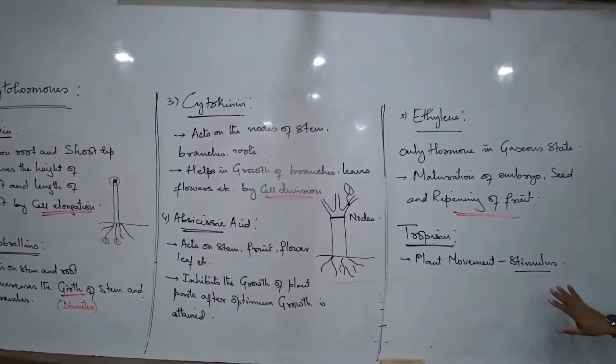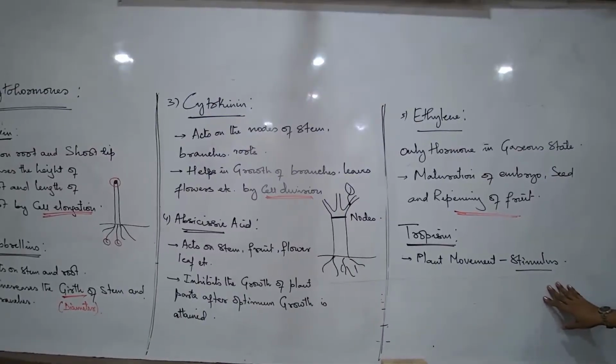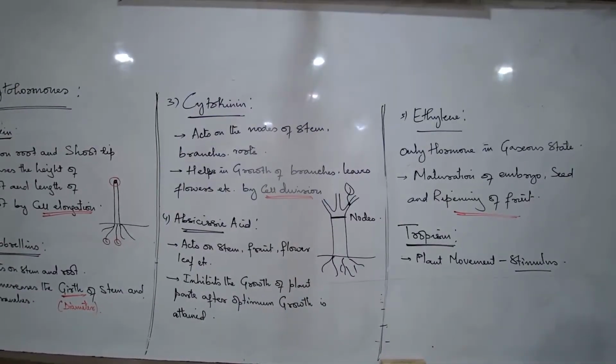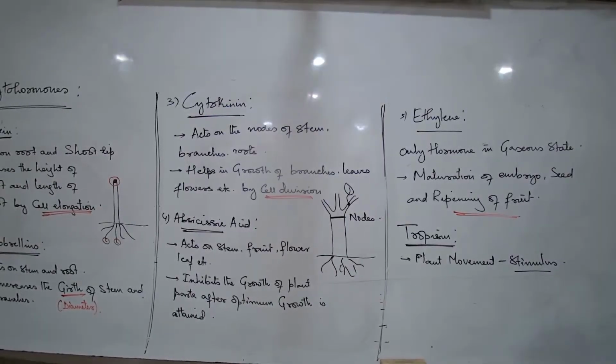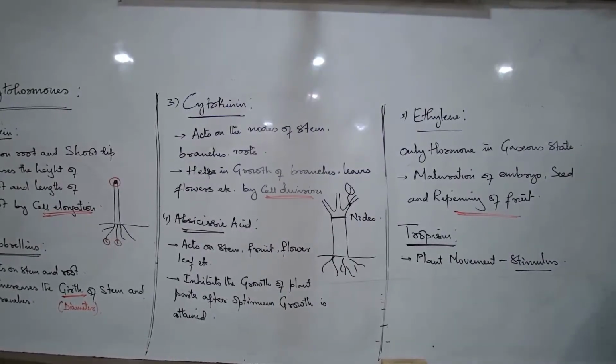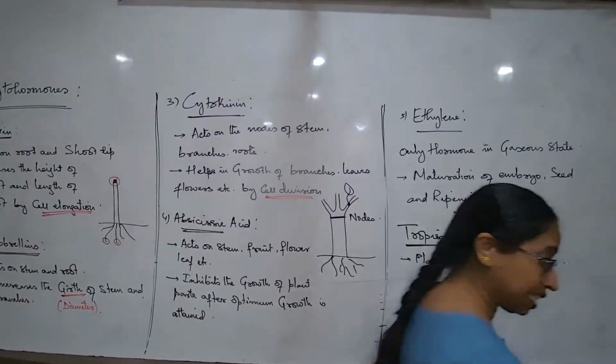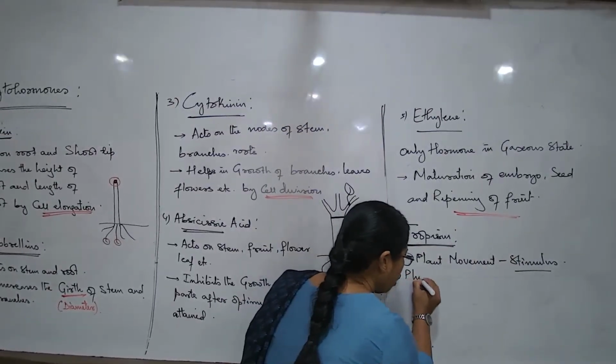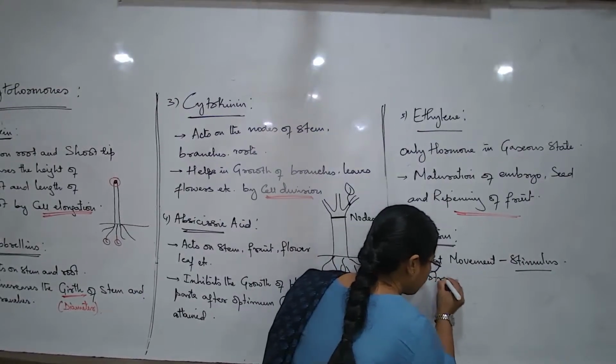Similarly, does the plant respond to stimulus? Yes, the plants also respond to stimulus, but not in a very fine way like us. How? Let me talk about some concepts of tropism. What are the types we are going to study? The first is phototropism.